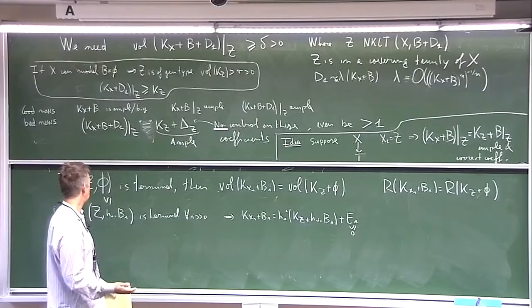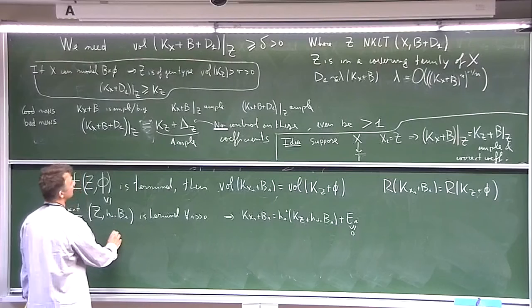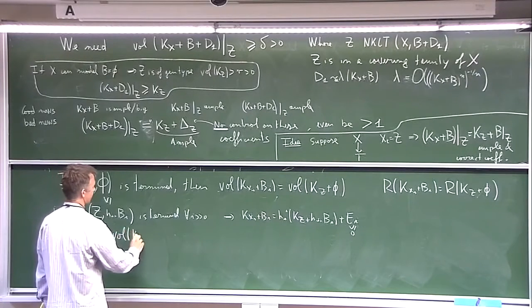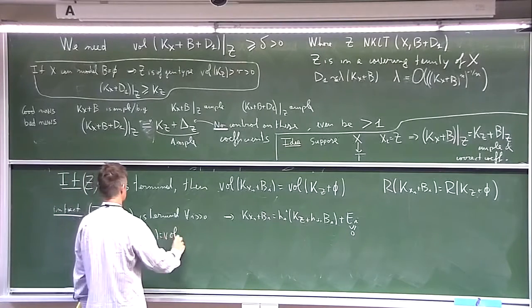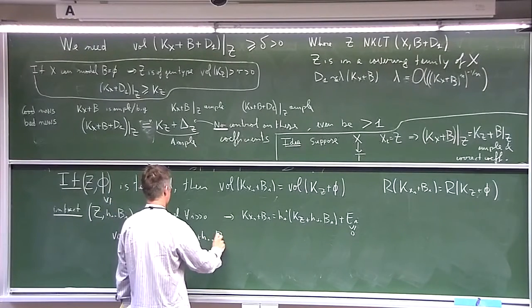Okay, so now what do I have? Let me look at the volume of K_{X_i} plus B_i. That's the same as the volume of K_Z plus h_i lower star of B_i.